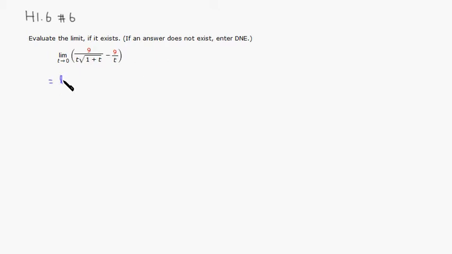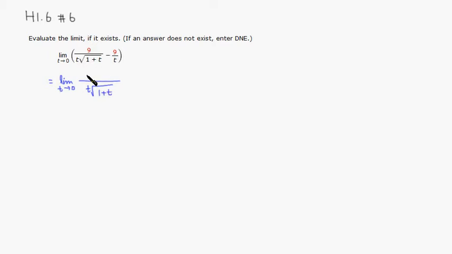So this is equal to the limit as t approaches 0. Then the denominator is going to be, I'm just going to use this as a common denominator, so that's t times square root of 1 plus t.